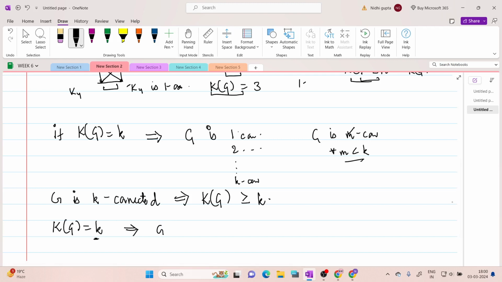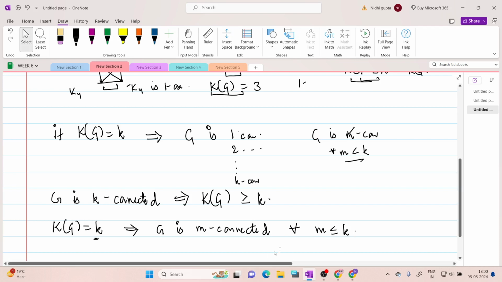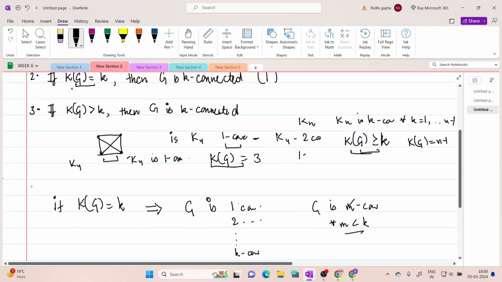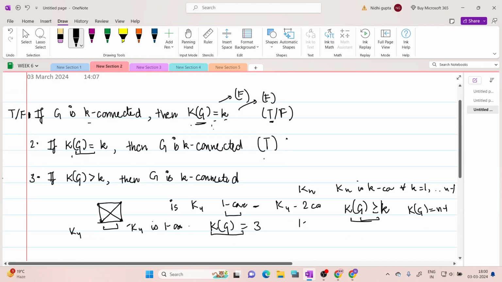So that means G is m connected for all m less than or equal to k. So this just follows from the definition. So we see that the second statement is true.